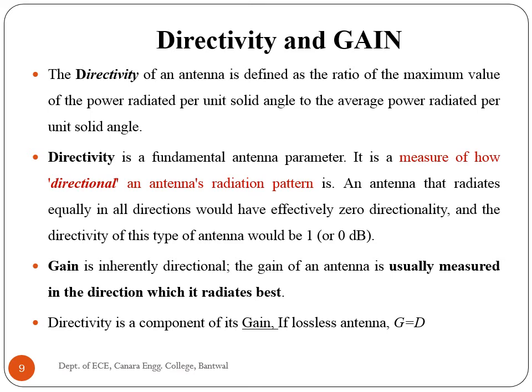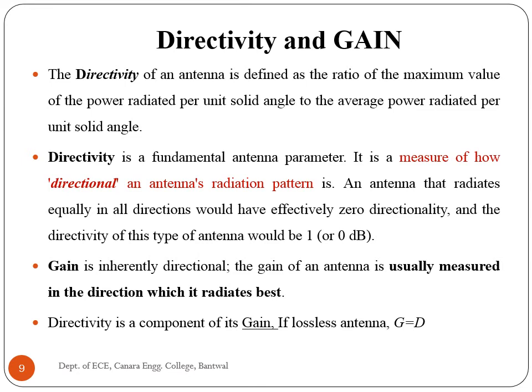An antenna that radiates equally in all directions would have effectively zero directionality, and the directivity of this type of antenna would be 1. Gain is inherently directional. The gain of an antenna is usually measured in the direction in which it radiates best. Directivity is a component of its gain; if lossless, antenna gain is equal to directivity.